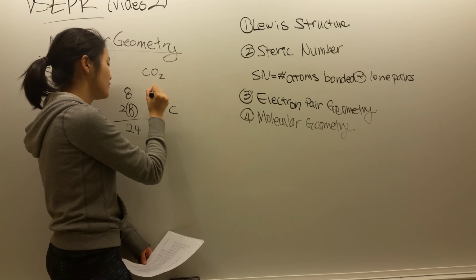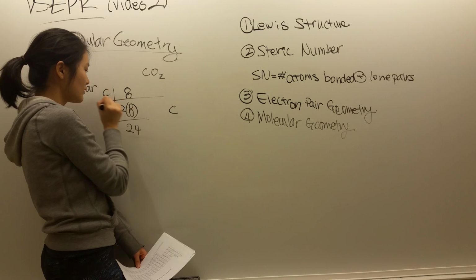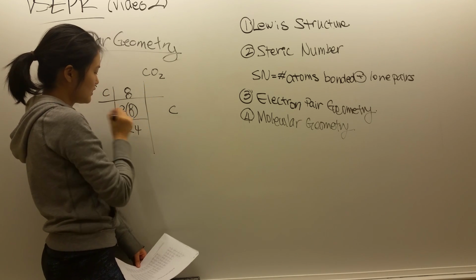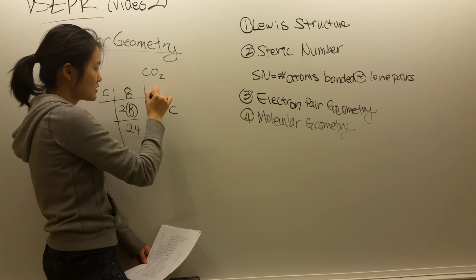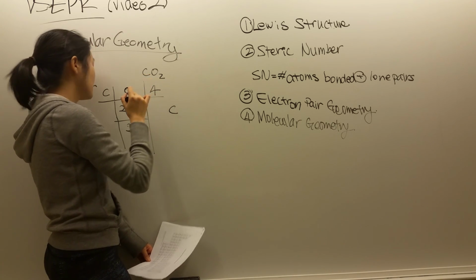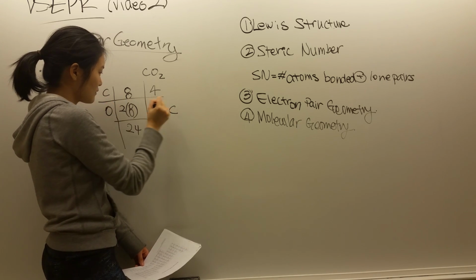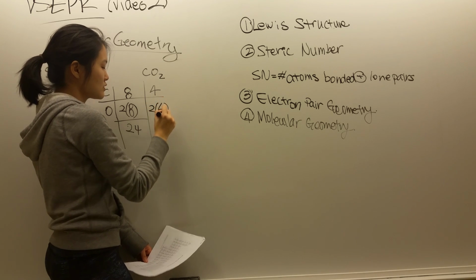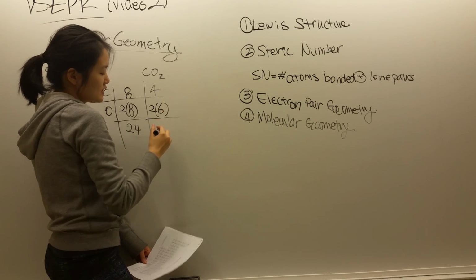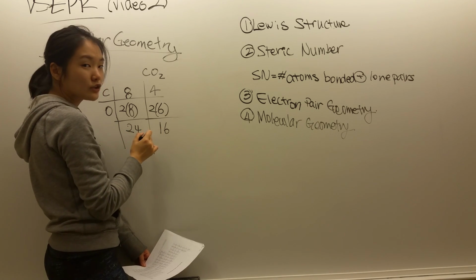So I'll make a chart. Carbon has 4 valence electrons. Oxygen, on the other hand, has 6. Now remember that there are 2 of them, so they're going to have 2 times 6, which is 12, plus 4 is 16. So this is what they want, and this is what they actually have.